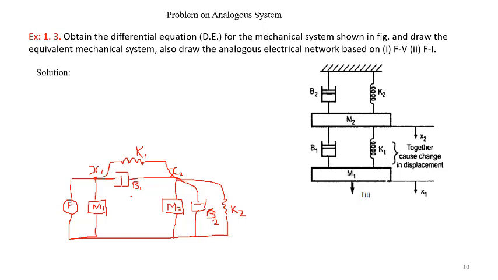This is how we interpret it and draw the network diagram.